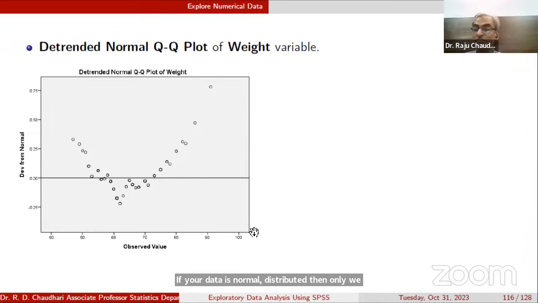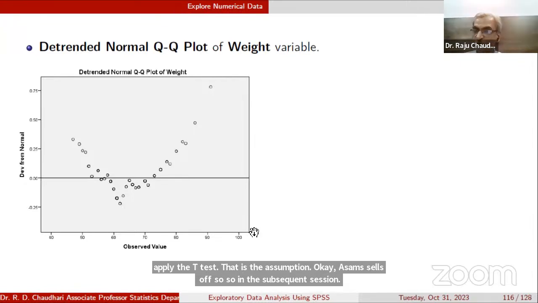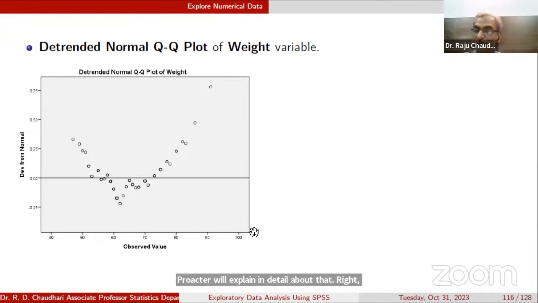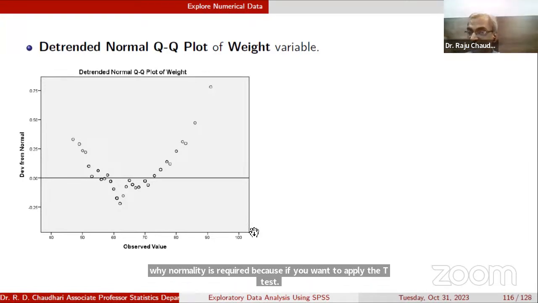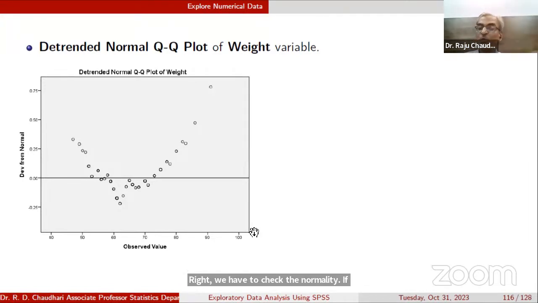That is the assumption. Assumptions of the t-test will be explained in detail by Parag sir in the subsequent session. But why is normality required? Because if we want to apply the t-test, we have to check the normality. If the data is normal, we can go for the t-test. If the data is not normal for that particular variable, we have the alternative non-parametric test.